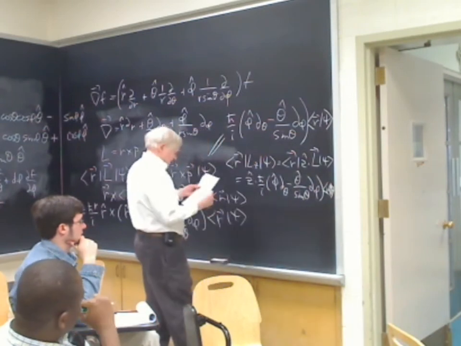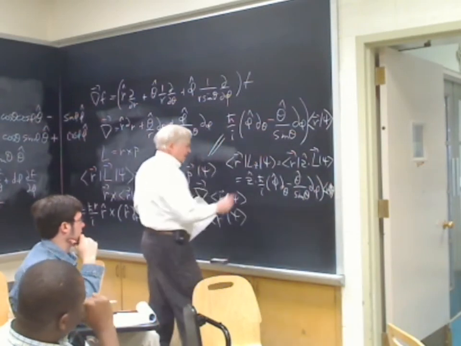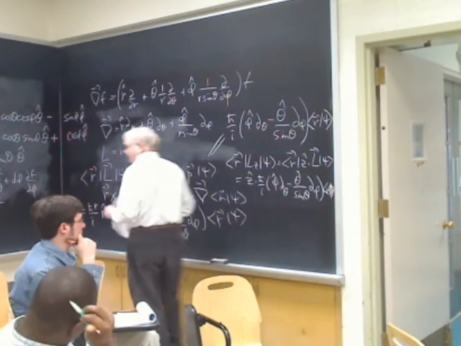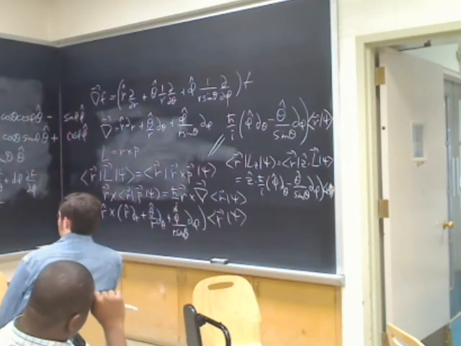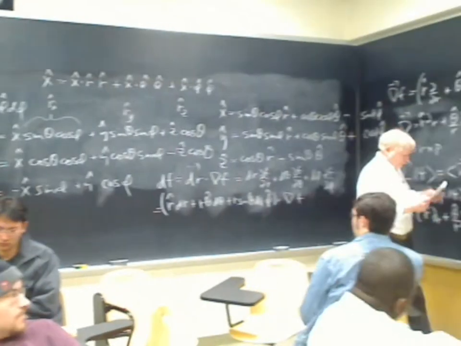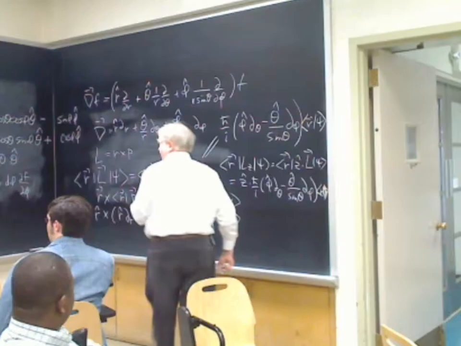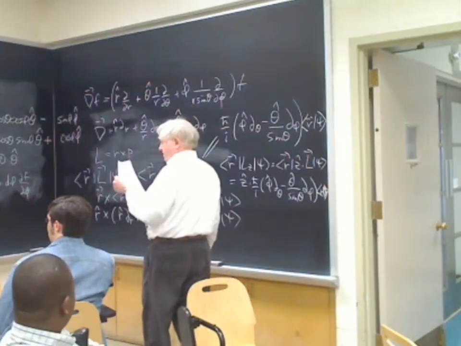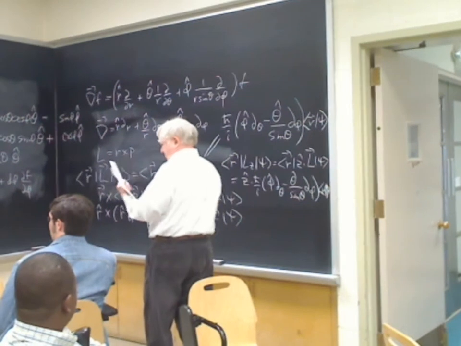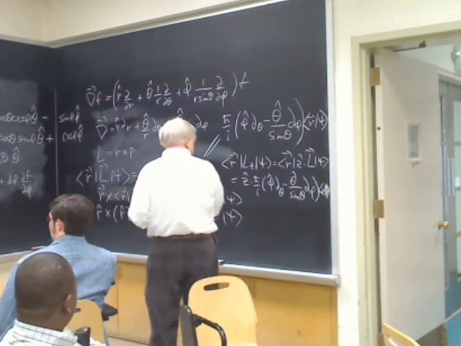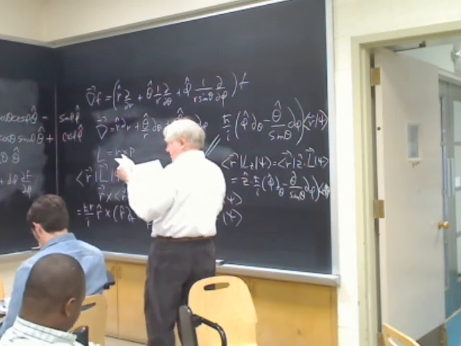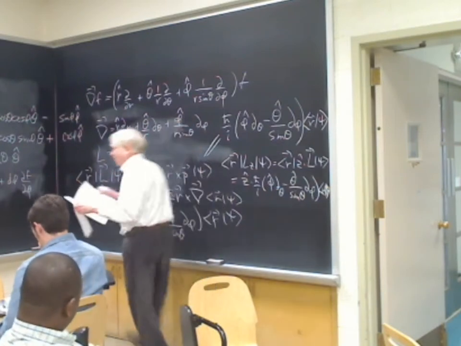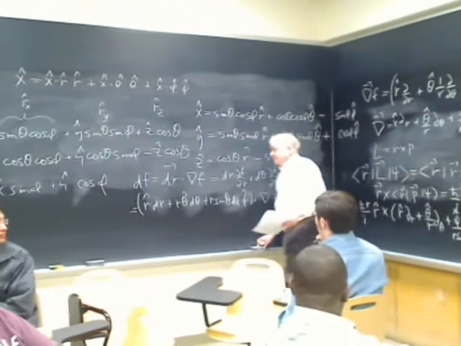Now what about z hat dotted into these things? Well, z hat dot phi hat is 0. Z hat dot theta hat is minus cosine theta. Wait a minute, minus cosine. Let me just make sure, because yes, this is wrong. I made a mistake here. Somebody should have told me.